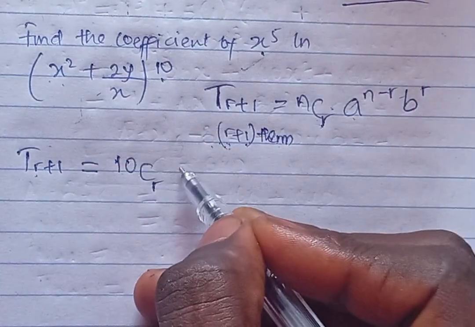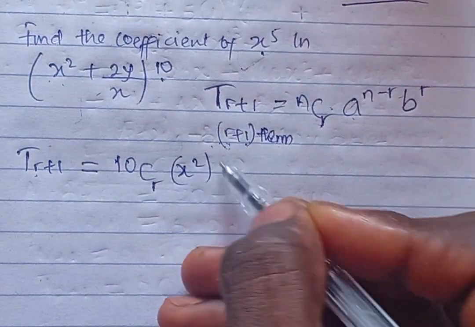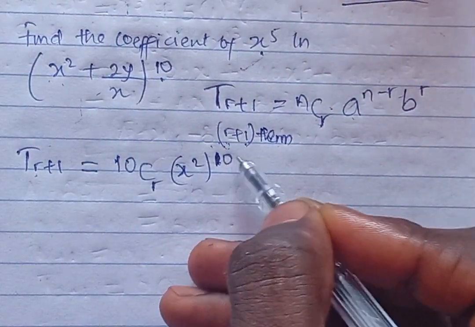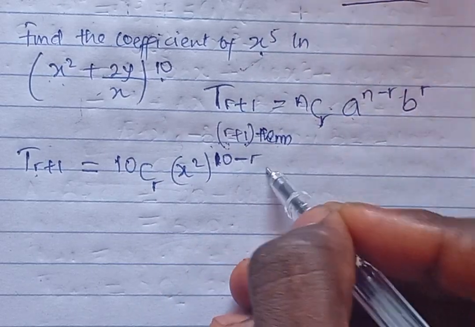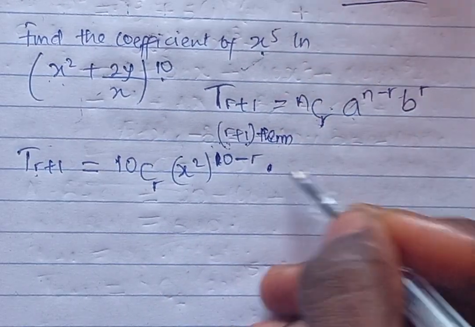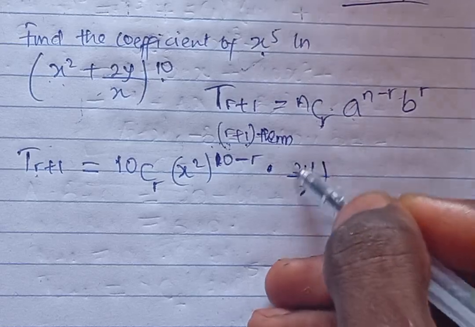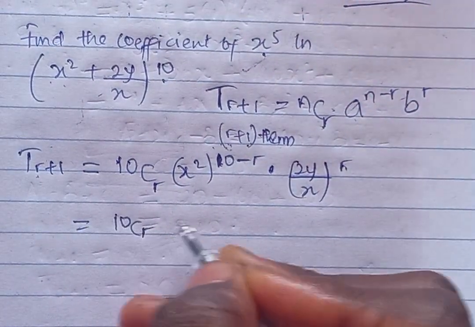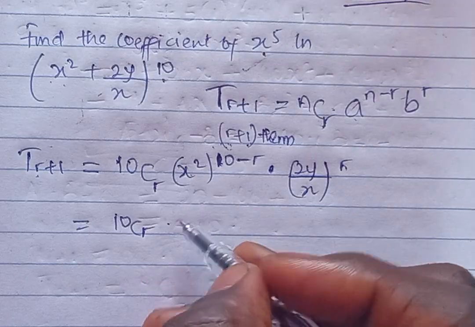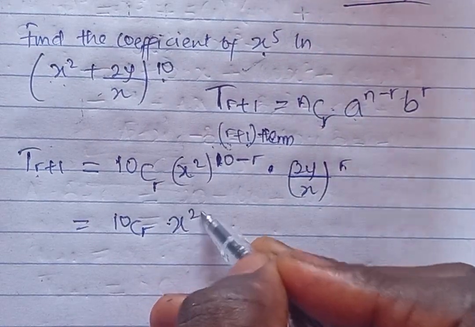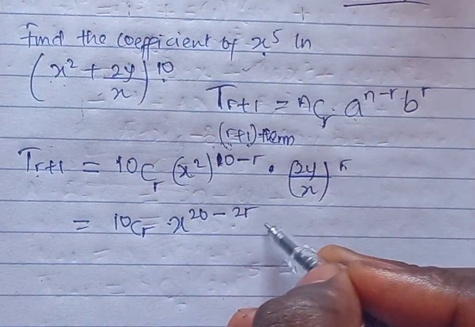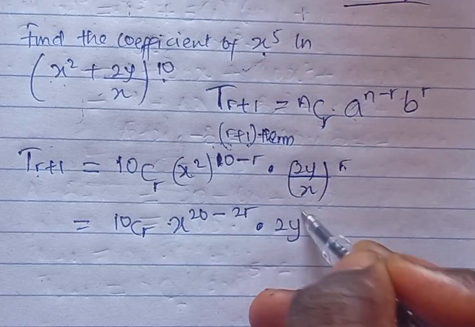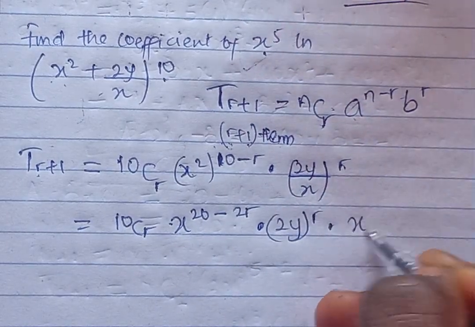Your a is x squared raised to power 10 minus r, your b is 2y over x raised to power r. So it means 10 combination r into x raised to 20 minus 2r, multiplied by (2y) raised to power r, x raised to power minus r.